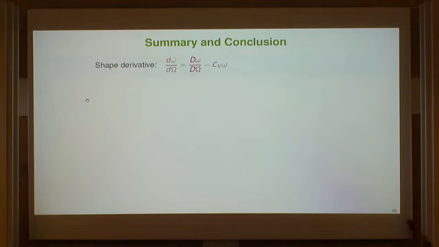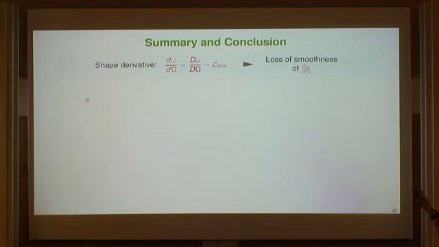In particular, we have this formula, which is very convenient, that, parallel to the usual formula for the material derivative, we can also express the shape derivative through material derivative and Lie derivative. And then use the nice formulas for the Lie derivative.